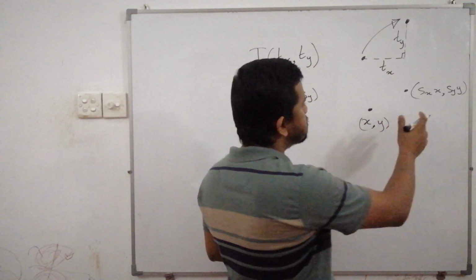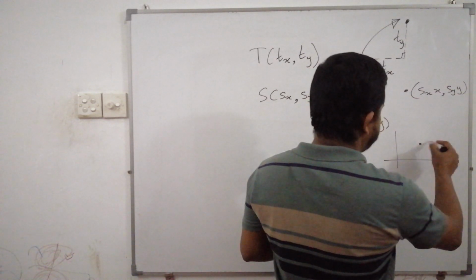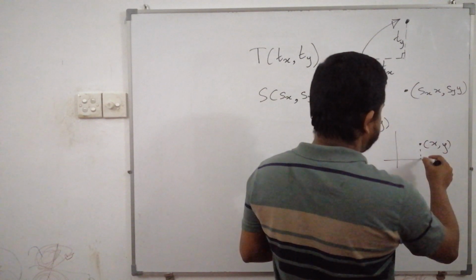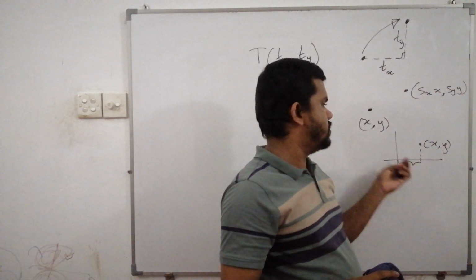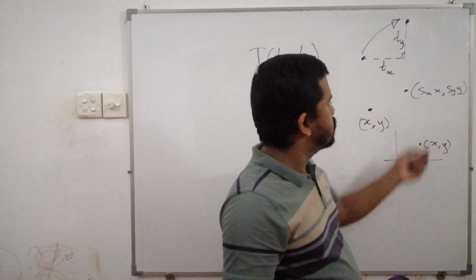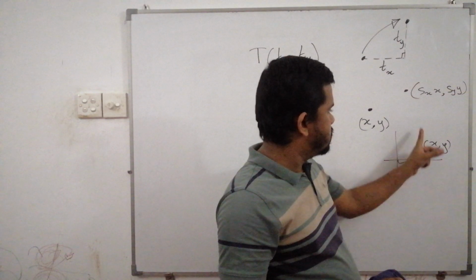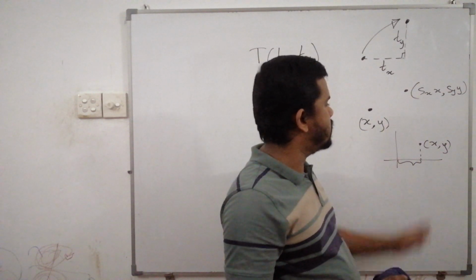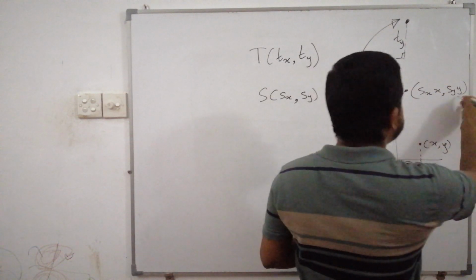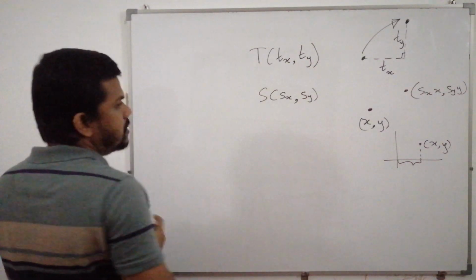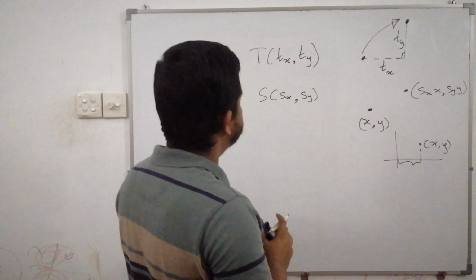Here, x means the distance to the origin along the x direction, so we multiply it by the scaling factor. Y means the distance along the positive direction of the y-axis, so we scale it by sy.